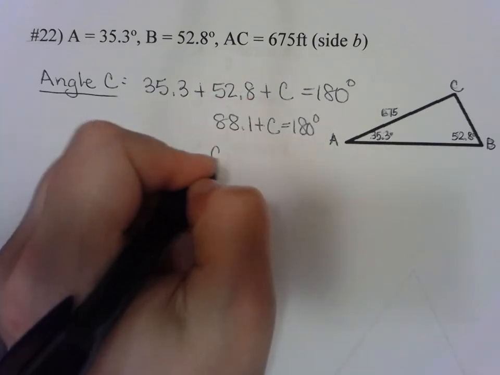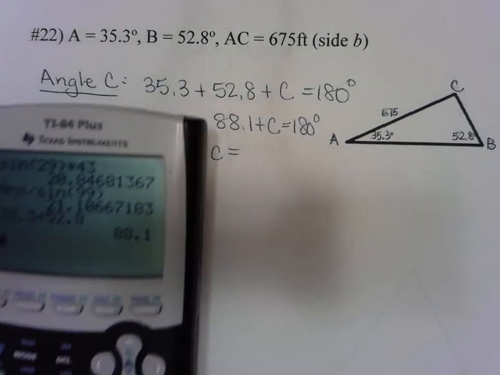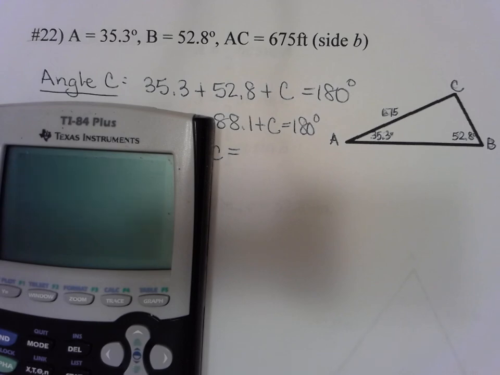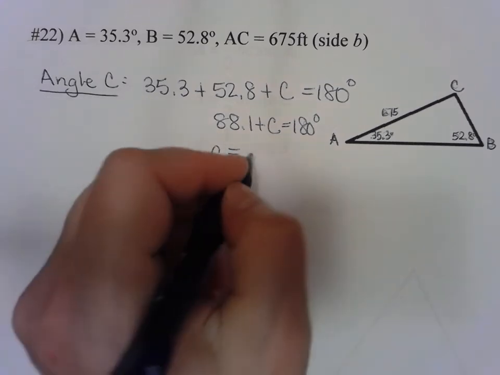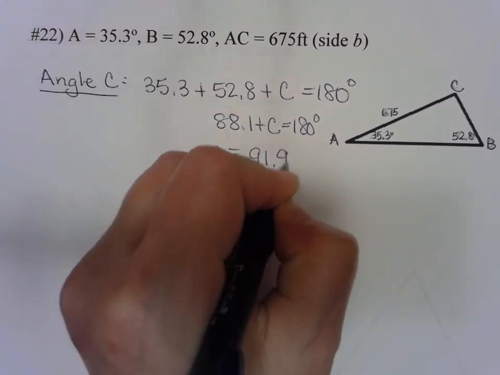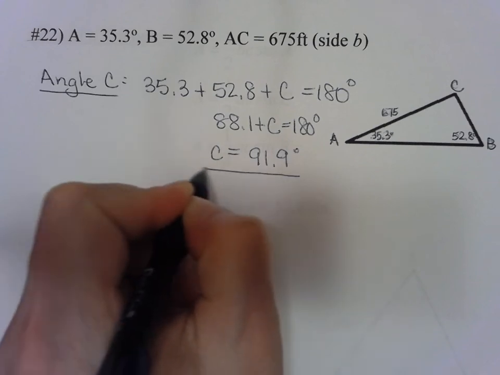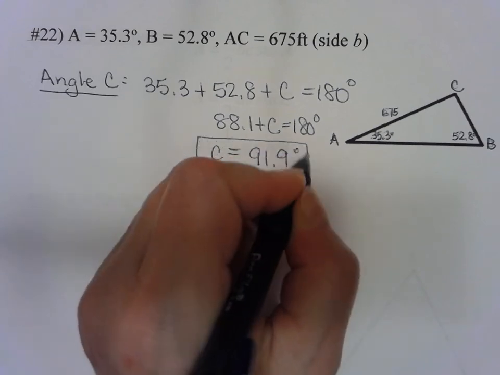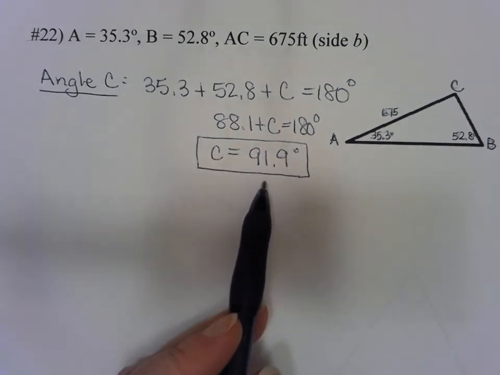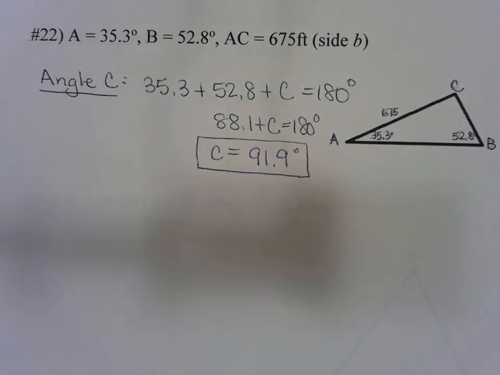Now I'm going to subtract 180. And that's going to give me 91.9 degrees. Notice all the results in this problem are done with 3 significant digits, so that's going to keep consistent with that.